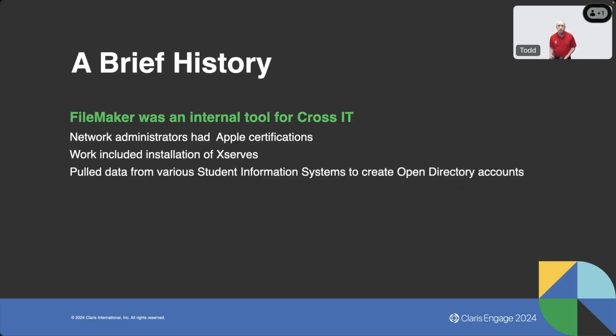And also the schools would have specific formats of how they wanted the student username or student email address formatted, and what password protocol they wanted to use as far as complexity and things of that nature. And so FileMaker became the tool that we used in order to massage that data coming from the student information systems and format it into something that made Open Directory happy when we did the imports.